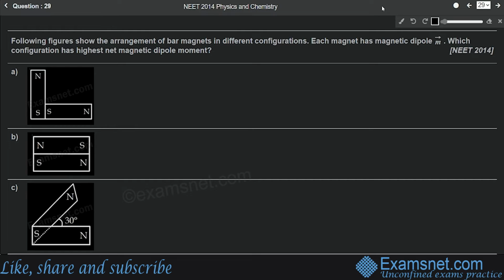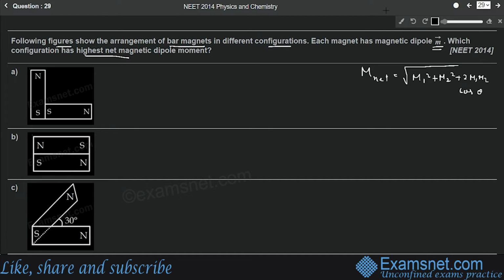Question number 29 is from the chapter Magnetism and Matter, and the question is: the following figures show the arrangement of bar magnets in different configurations. Each magnet has magnetic dipole vector m. Which configuration has the highest net magnetic dipole moment? Okay, so we know that the net magnetic dipole moment m net is equal to the square root of m1 square plus m2 square plus 2 m1 m2 cos theta.